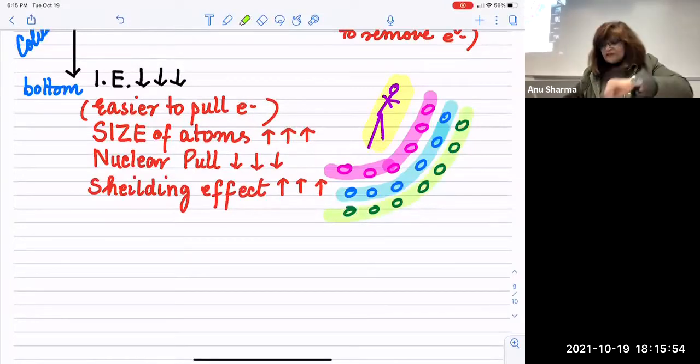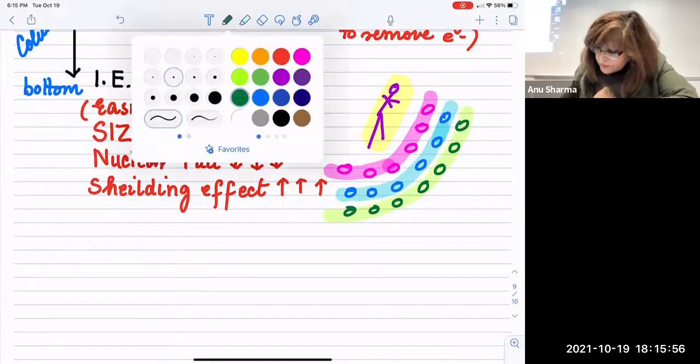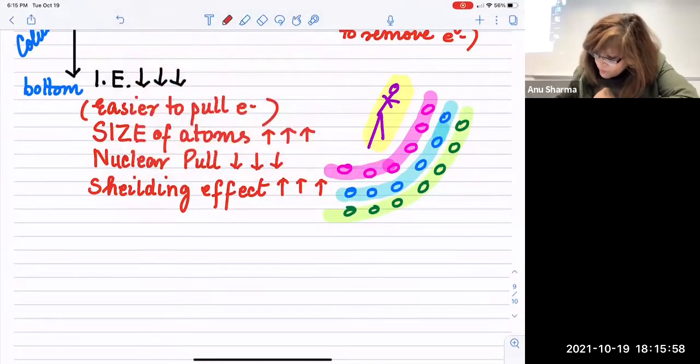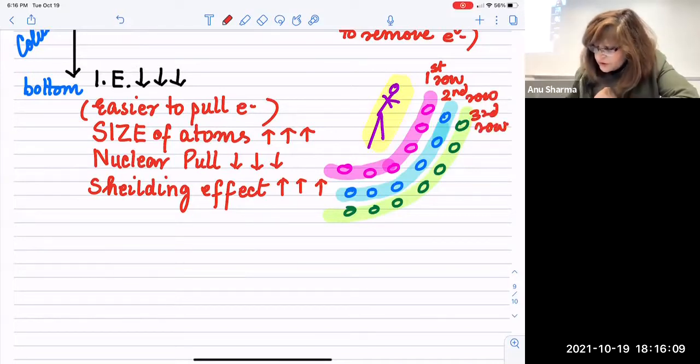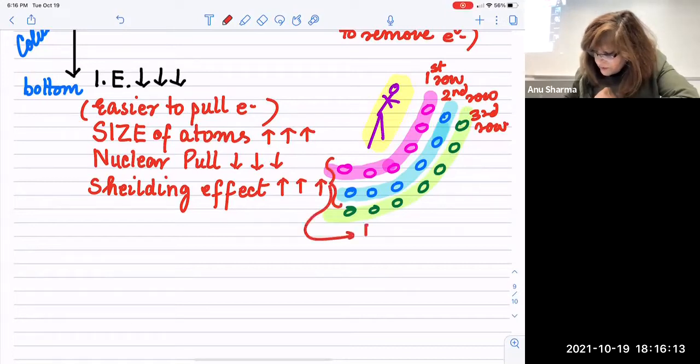So they can't see. This is row 1, first row, second row, and third row. So these two will block the view.